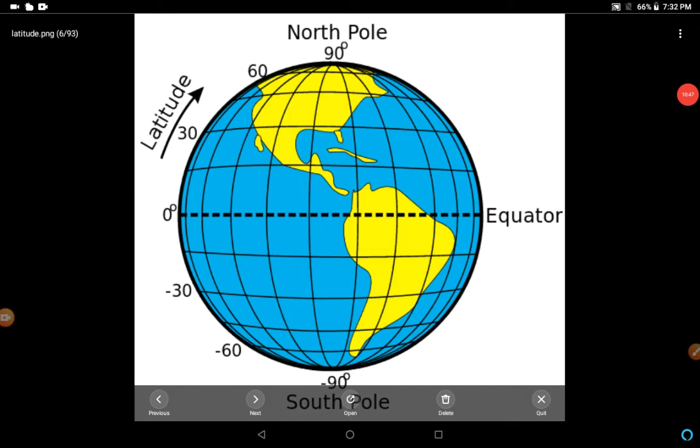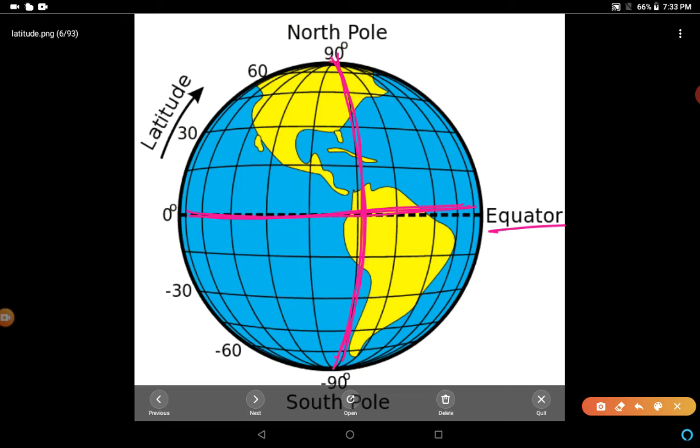So in this way, after the discussion of these imaginary lines, we'll see Earth in this way. 0 degree latitude is equator, 0 degree longitude is prime meridian. Clear? And the number of latitudes and longitudes we have discussed a short while ago.